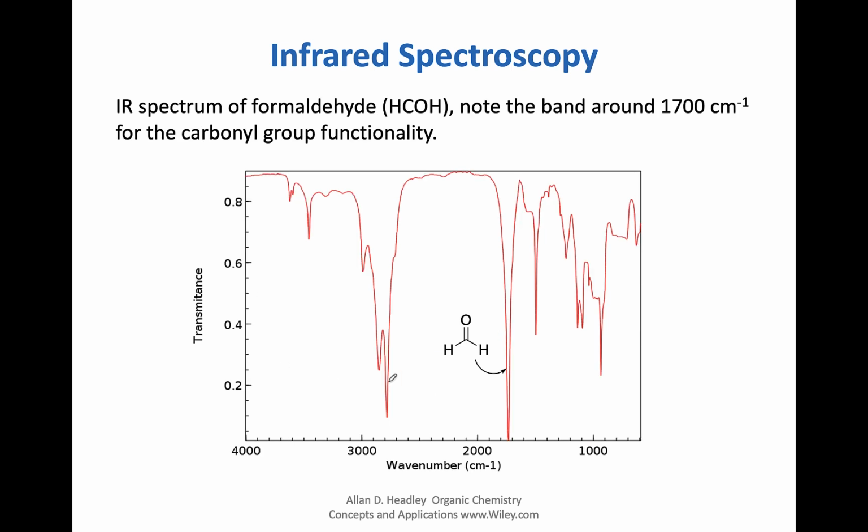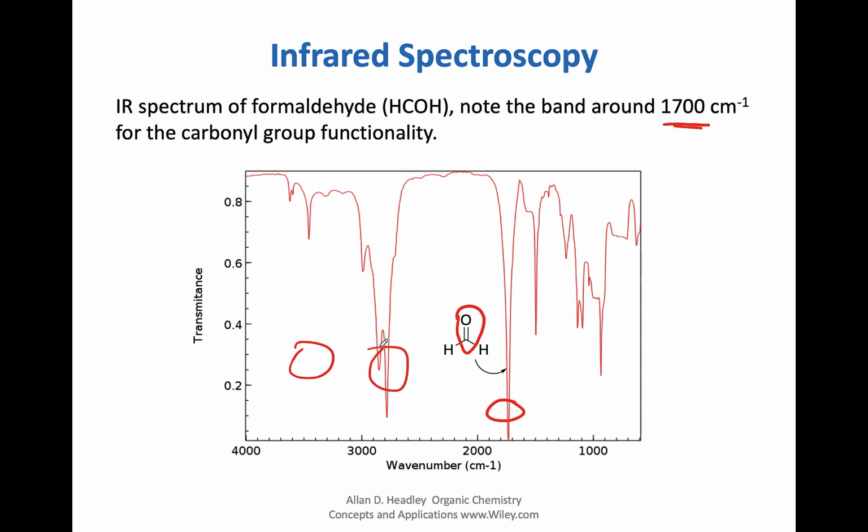Here's another one. So again, let us look at the spectrum first. There is no band in this region, but there's a band around 1700. That's again an indication of the carbon-oxygen double bond.